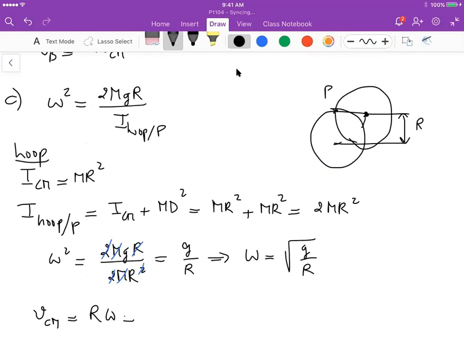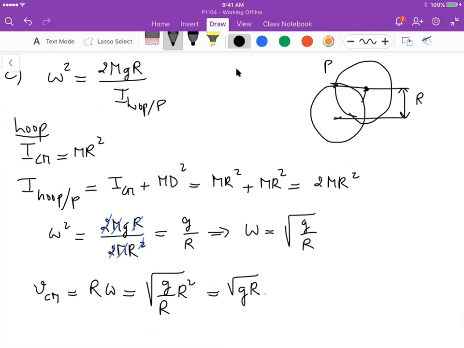And so it's given by r multiplied by square root of g over r. We put the r inside and get r squared, and so we end up with square root of g times r. And so in the case we have a hoop instead of a uniform solid disk, we end up with the speed of the center of mass given by square root of g multiplied by r.